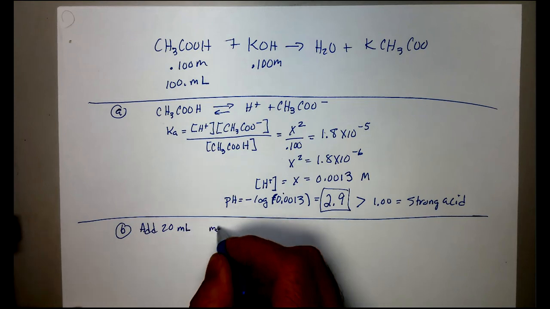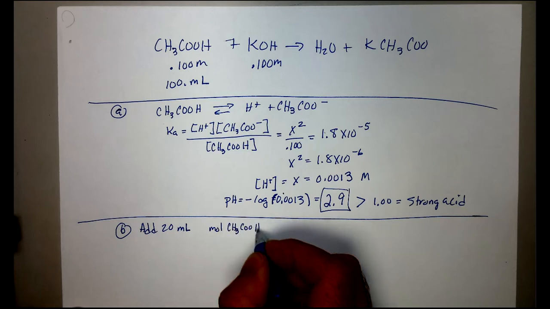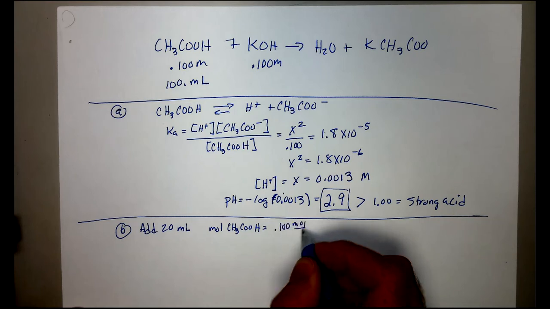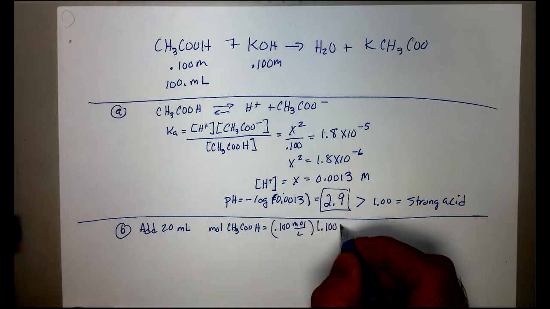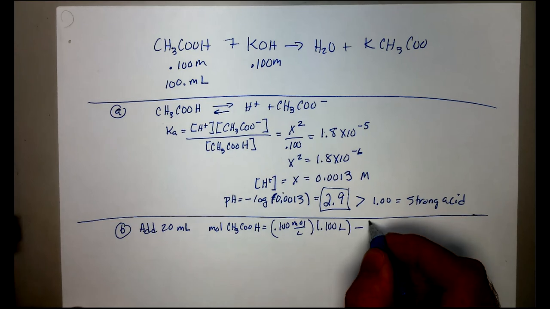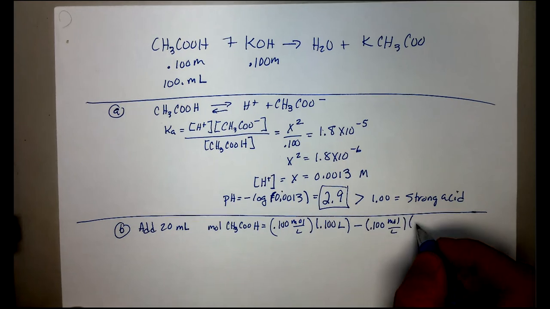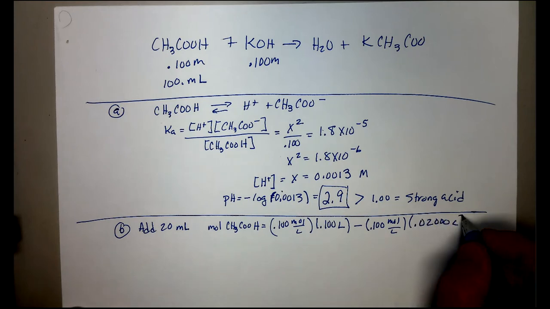So our moles of acetic acid that I have in excess is going to be 0.100 moles per liter times 0.100 liters minus 0.100 moles per liter times 0.02000 liters.